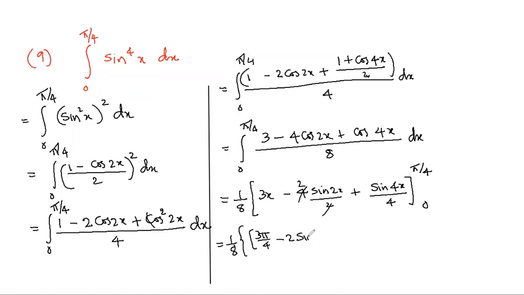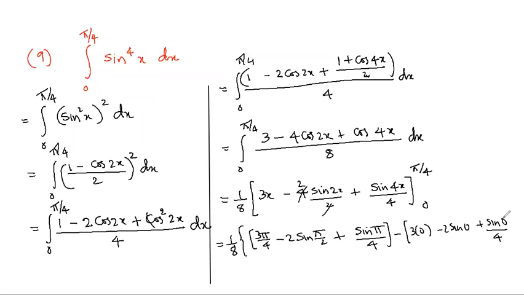Minus 2 sine 2 times pi by 4, which is pi by 2, plus sine pi upon 4. Wherever x is there, all the x has been replaced by the upper limit. Minus, replace x by lower limit: 3 into 0, 2 into sine 0 plus sine 0 by 4.